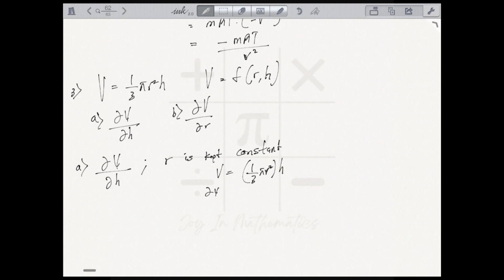Therefore, the partial derivative of V with respect to h will be 1 over 3 pi r squared differentiating with respect to h of h, and this will give us 1 over 3 pi r squared multiplied by 1, and that is 1 over 3 pi r squared.